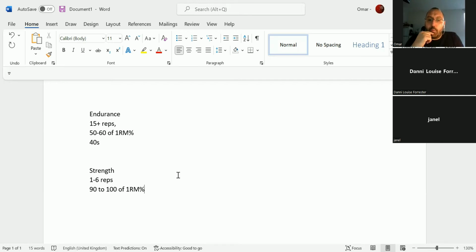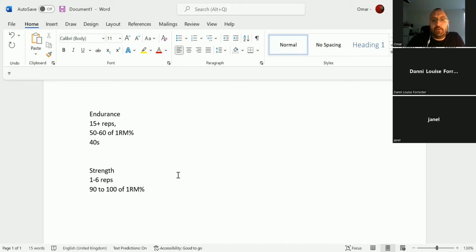The 1 rep max is the maximum that the client can lift in one go. Okay, again, this is a discussion for another time, but this is in your manuals. So 90 to 100% of 1 rep max.